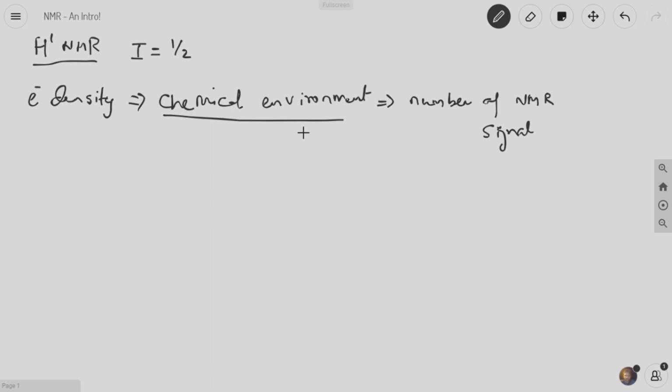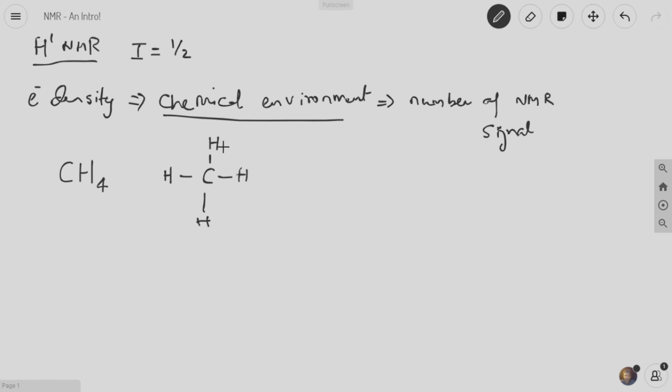So let us start with a simple example, methane, CH4. You know the structure of methane. Here I am trying to combine the organic chemistry knowledge you have with how to get the number of signals from a given molecule.